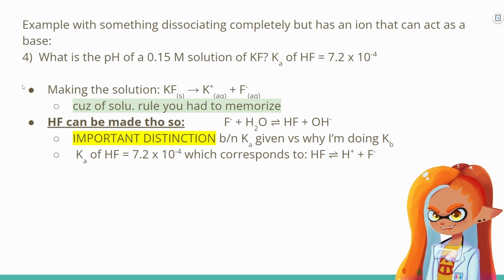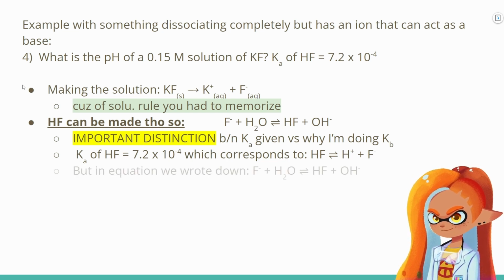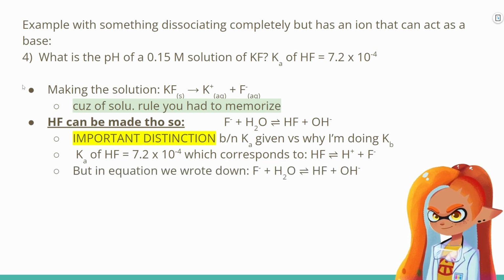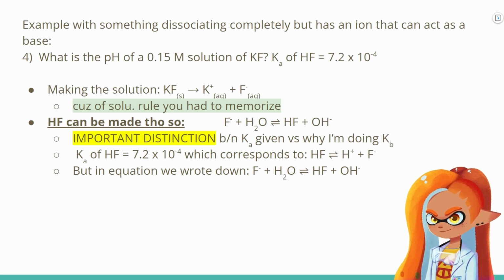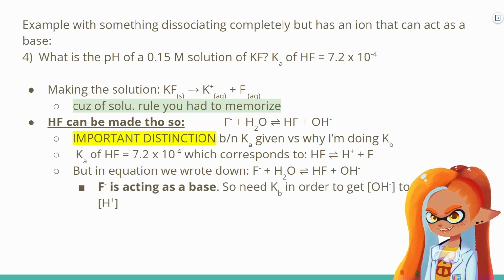Ka reflects a weak acid reacting with water, and then you have hydronium and F minus. I could look back at the equation we wrote earlier, and that doesn't match that at all. Again, it's acting like a base. It's a conjugate base. So we need Kb to calculate hydroxide to then get H plus.